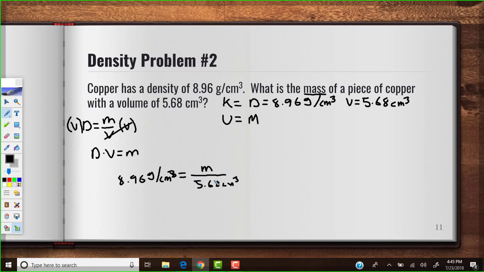Either way, to solve for mass, we need to multiply 5.68 times 8.96. So our answer when rounded is 50.9 grams. And that's our answer. So again, the process is very simple. There's three variables here. I give you two and you solve for the unknown. Now these can get a little bit more complicated, but we'll do some of those in class together.